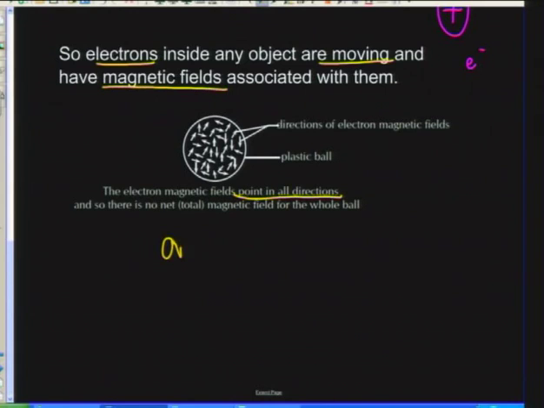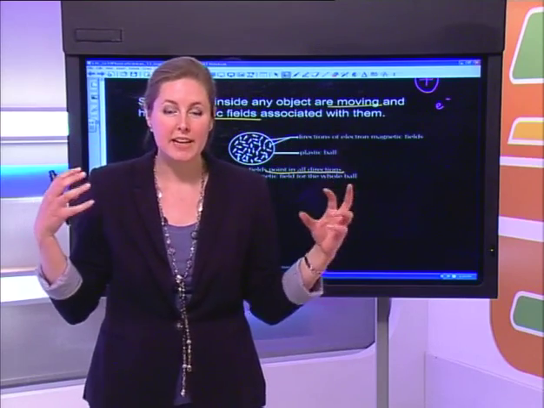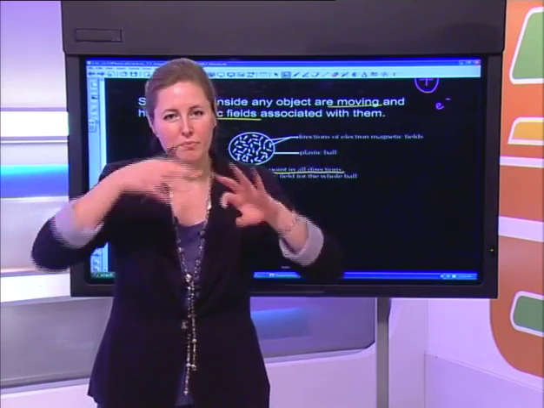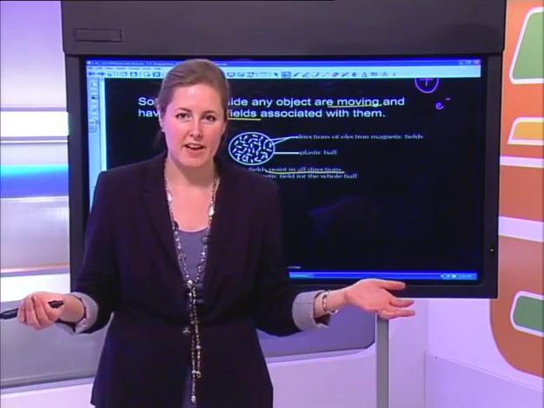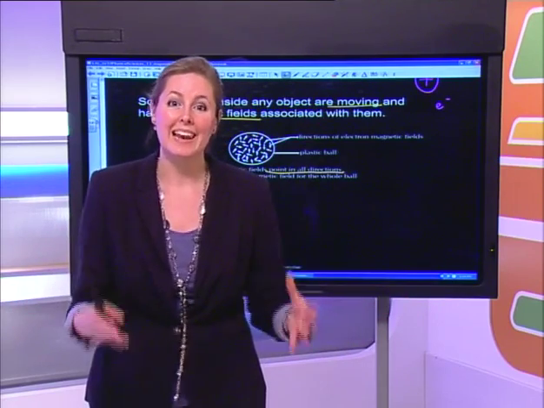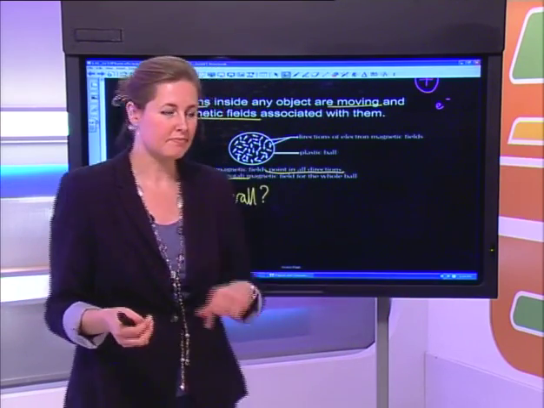So overall, is this thing going to be magnetic? No, because there is no net or total magnetic field for the whole ball. It's got individual little magnetic fields, but they basically cancel each other out. They are not all aligned in the same direction.